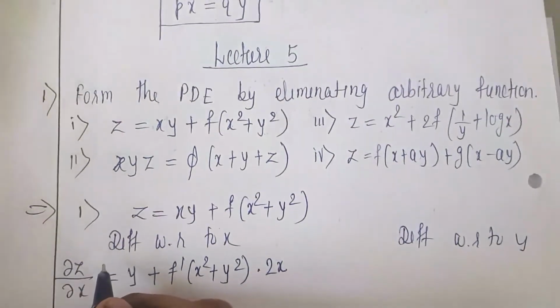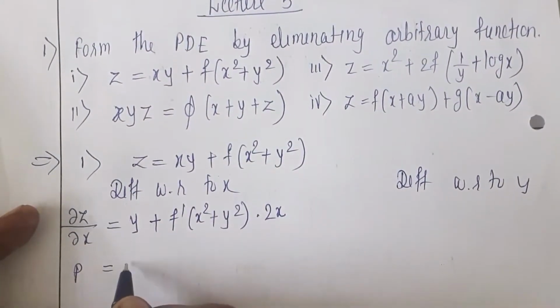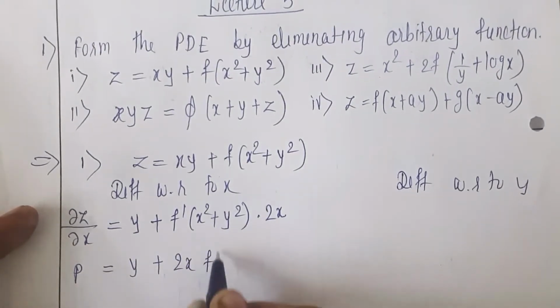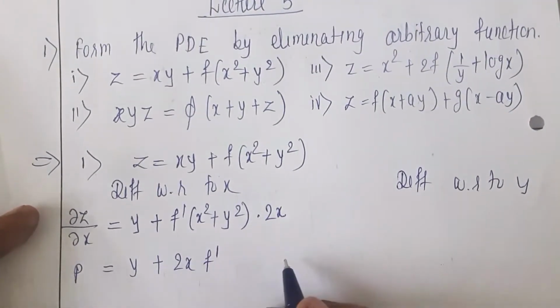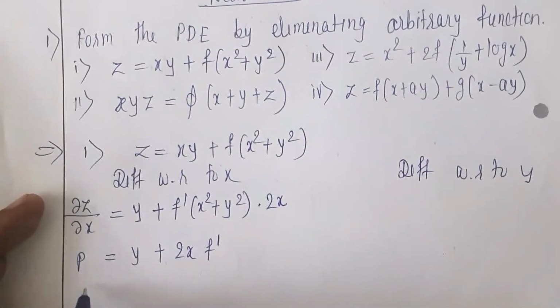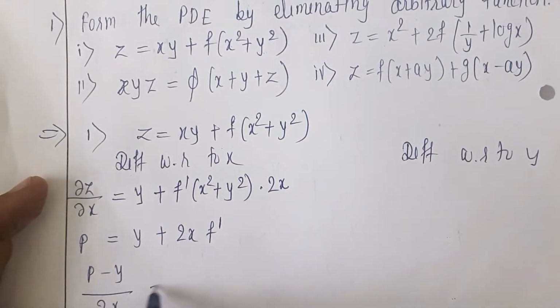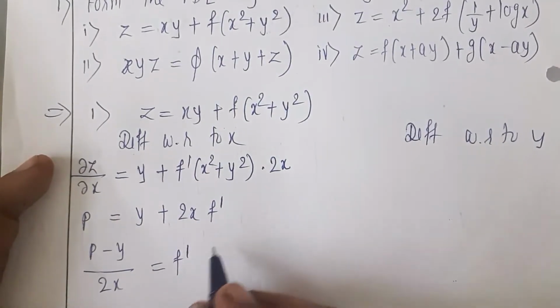Now del z by del x is p. So p is equal to y plus 2x f dash, simply writing f dash instead of the whole term. So can we write this as p minus y divided by 2x is equal to f dash. We can write it in this way also.